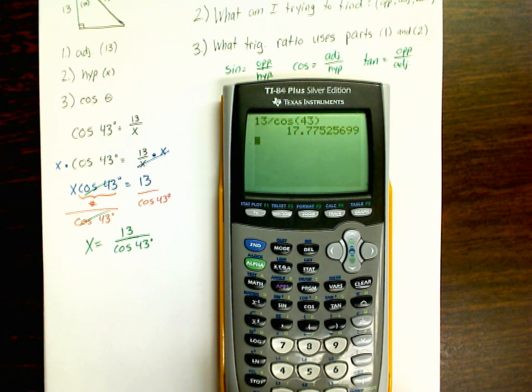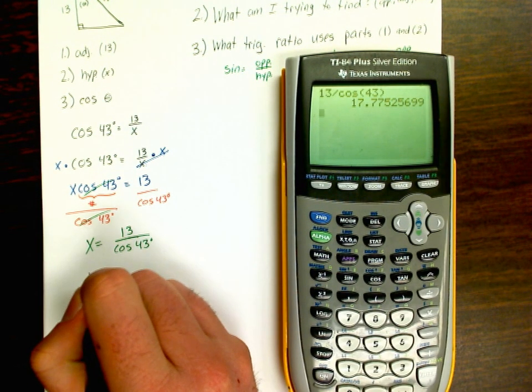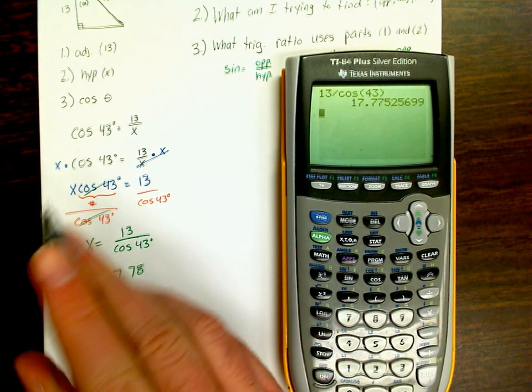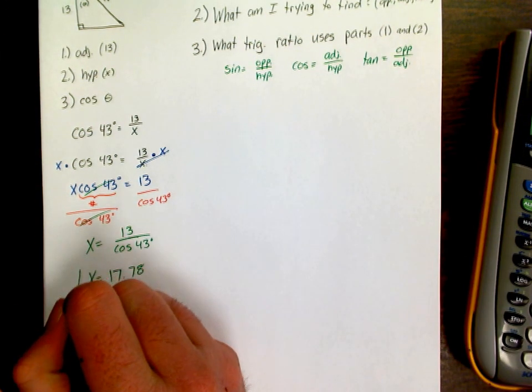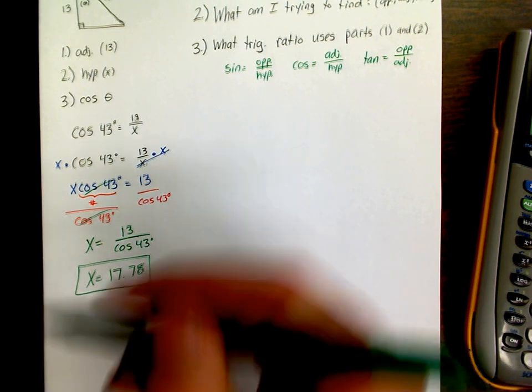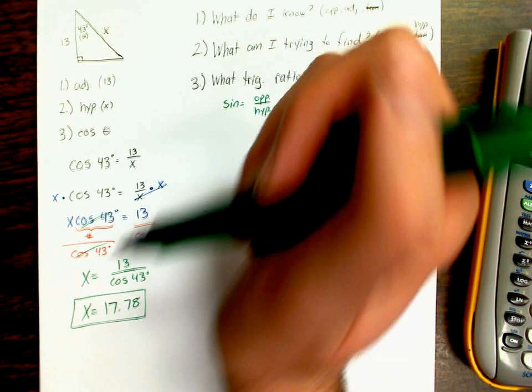Let's go 2 decimal places here. That tells me that x is equal to 17.78. There were no units listed, so we would just leave it as 17.78. And it makes sense because this is longer than 13, which is what it should be, because it's the hypotenuse. It's the longest side.